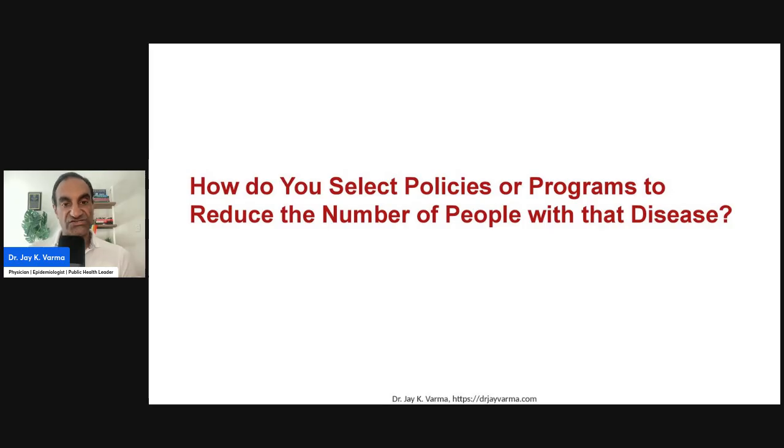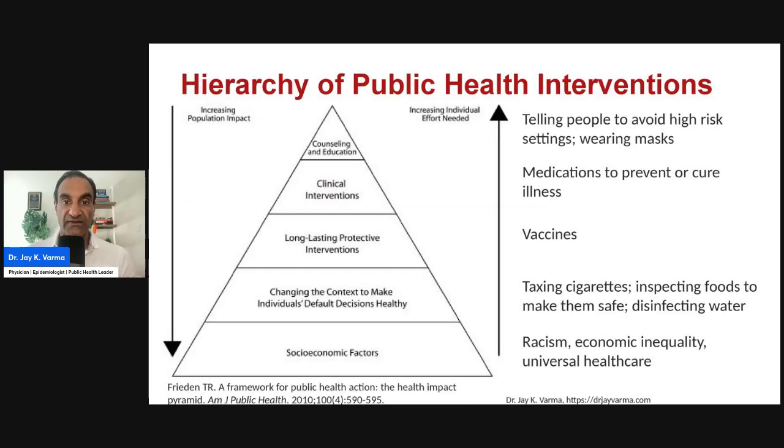Now, once you've done your surveillance, you've detected an increase in cases, and you've decided it's an outbreak and you've investigated it, how do you select policies or programs to reduce the number of people with that disease? Here we get into a framework that is really foundational to public health.